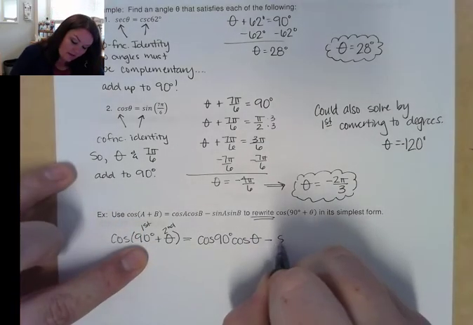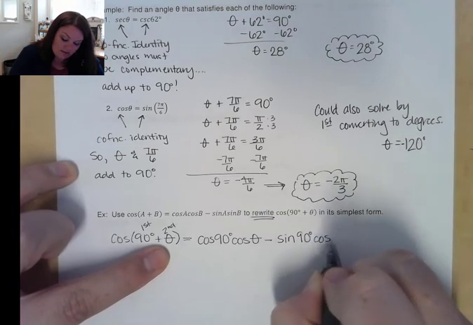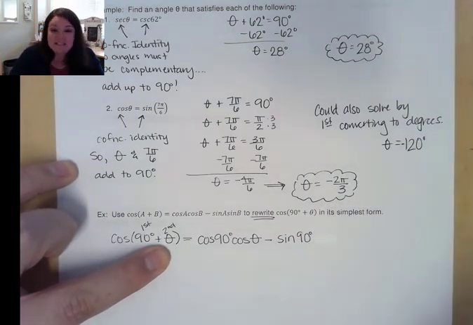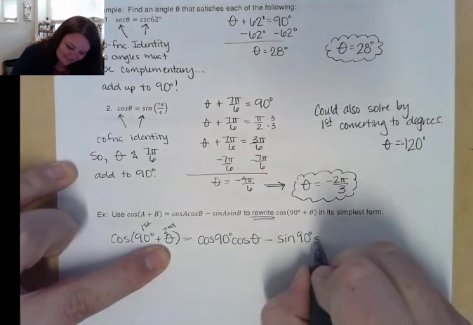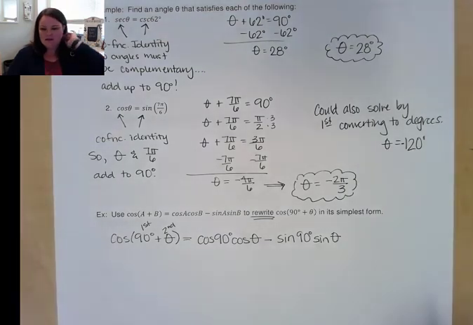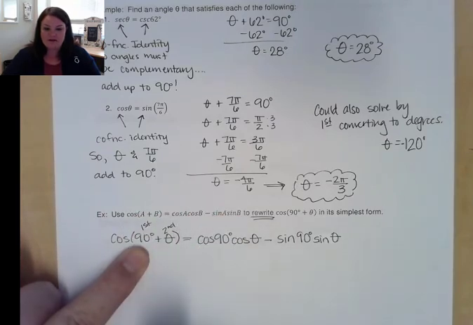So sine of the first angle is 90 degrees. Sine of the second, which is theta. Okay, so all we did was plug in our first and second angles into our formula right here.